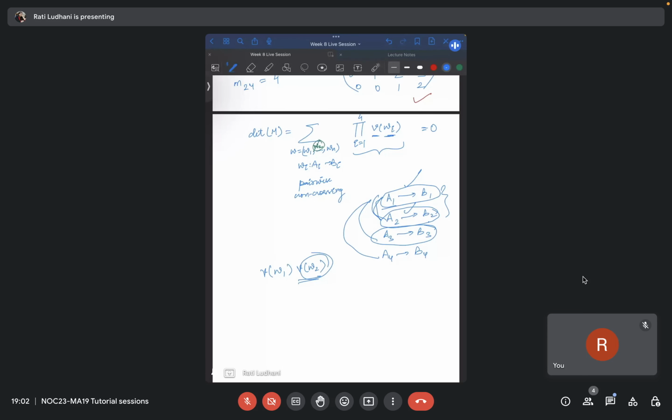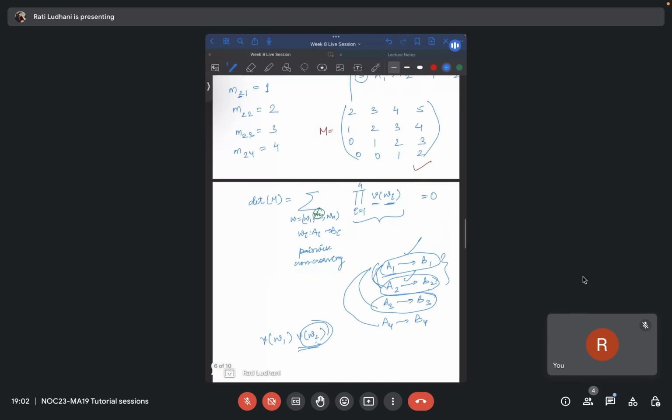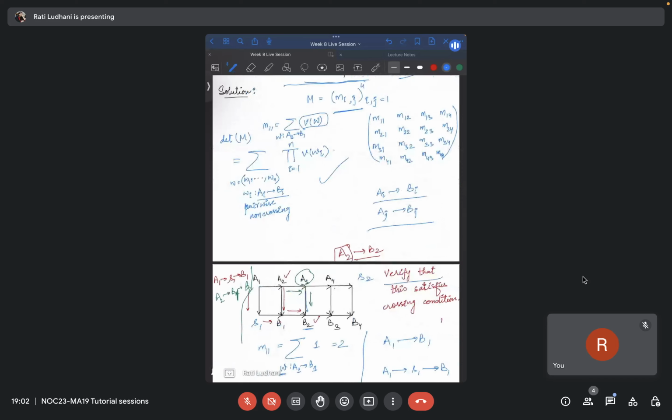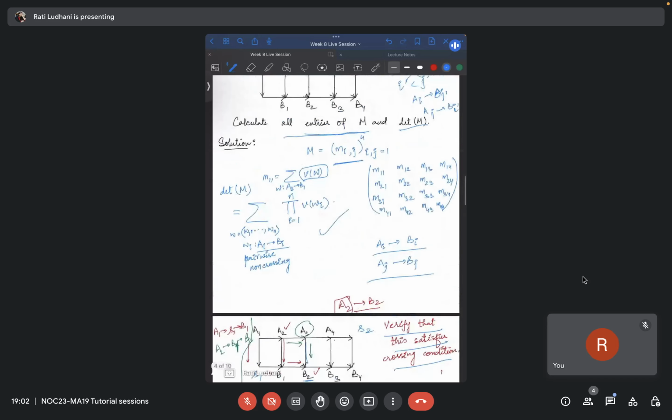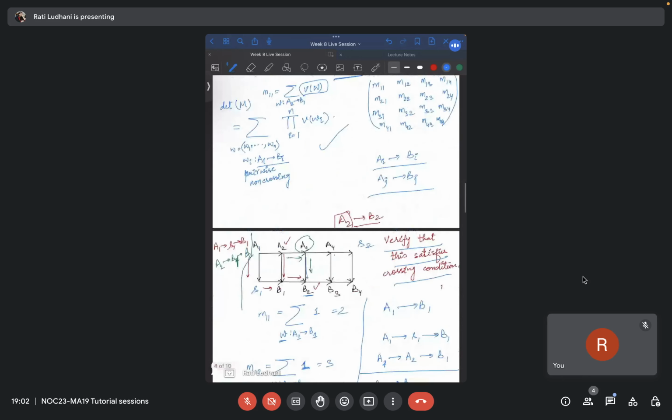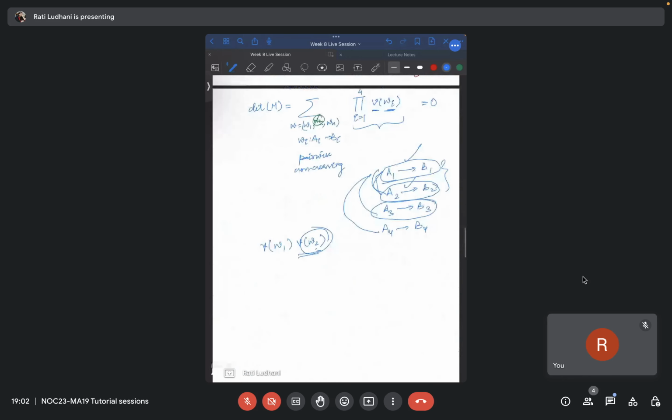So as I said, you can just calculate the determinant by verifying this property, the crossing condition, and you can check the cyclic thing, and then you can directly calculate the determinant, and this is 0.